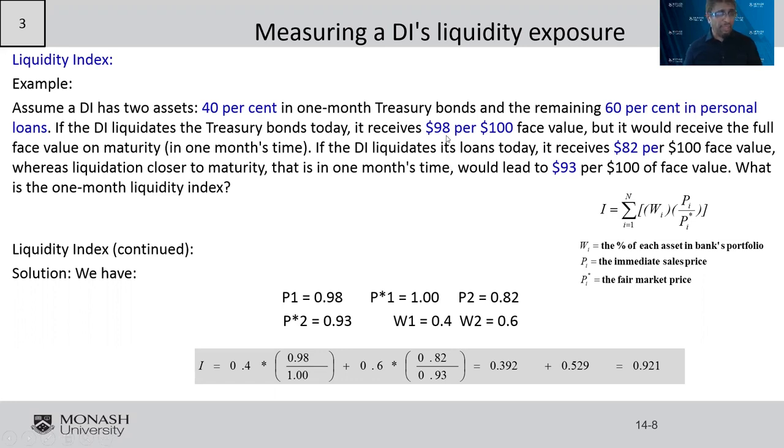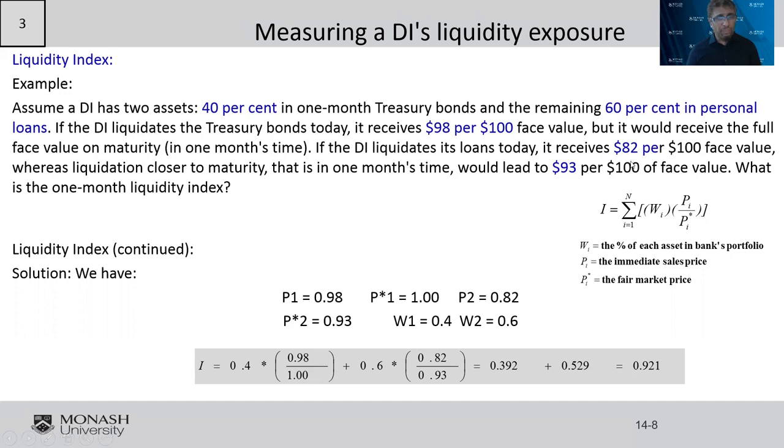Now, if I liquidate the securities in 1 month, which is when they mature, it will give me 98. And if I liquidate it today and don't wait until next month, it will give me $98 per each 100. For the loans, if I liquidate at the same time as the treasuries, this is close to maturity after 1 month.